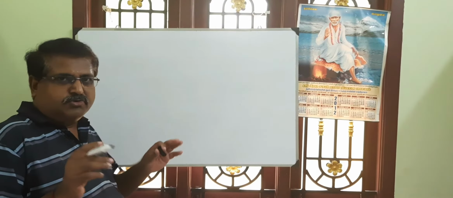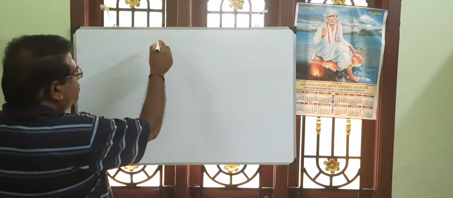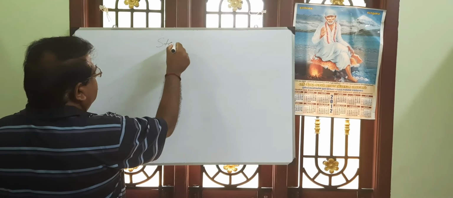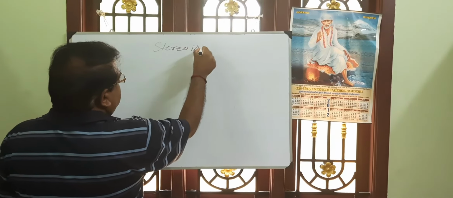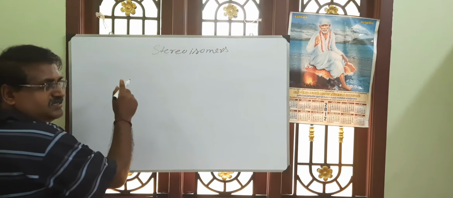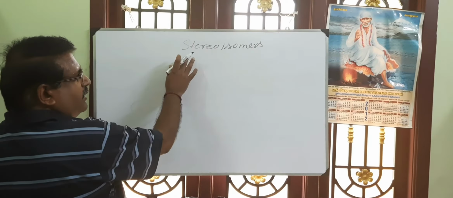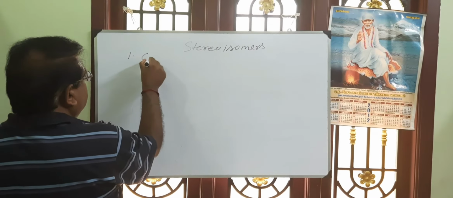Now let us discuss geometrical isomers. Geometrical isomerism is a type of stereoisomerism. There are 2 types of stereoisomers, as I told you earlier. The first one is geometrical isomers, another one is optical isomers.